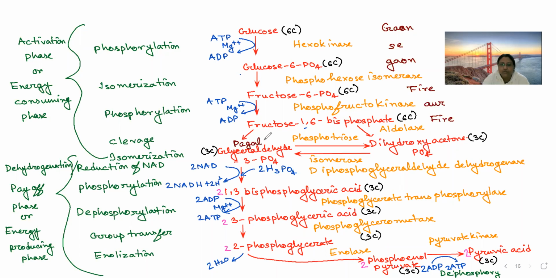Because phosphoglyceraldehyde or glyceraldehyde 3-phosphate is also in short form written as PGALD. So that's why pagal, dhanpat, because dihydroxyacetone phosphate is written as DHAP. That's why it is dhanpat. So गांव से गांव फिरे और फिरे पागल धनपत.